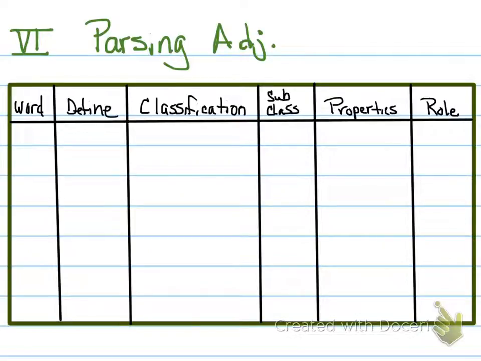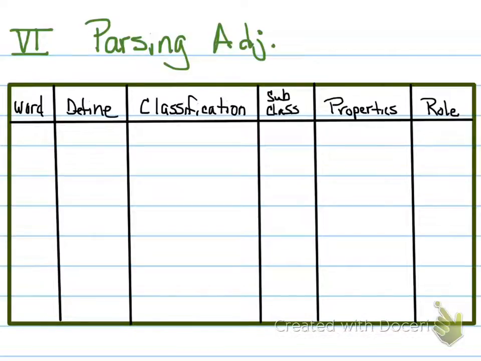And we're doing it in the same 6 steps of identify, define, classify, properties, role, and mechanics. Well, with adjectives, because remember of that chart, we do have a lot of subclasses, so I have added, and we can add another column to our parsing.